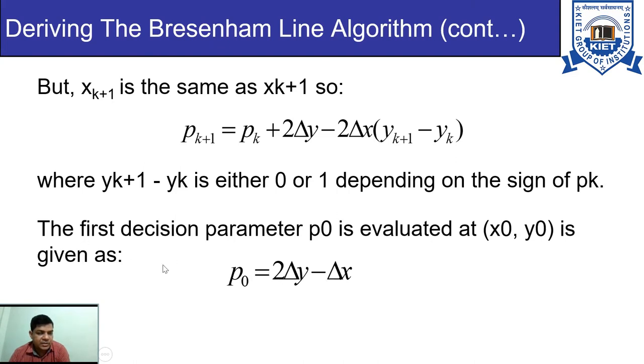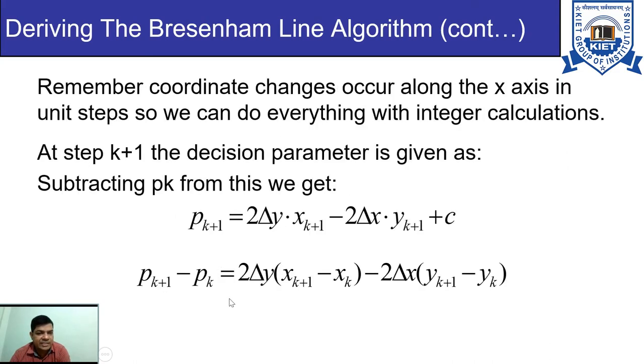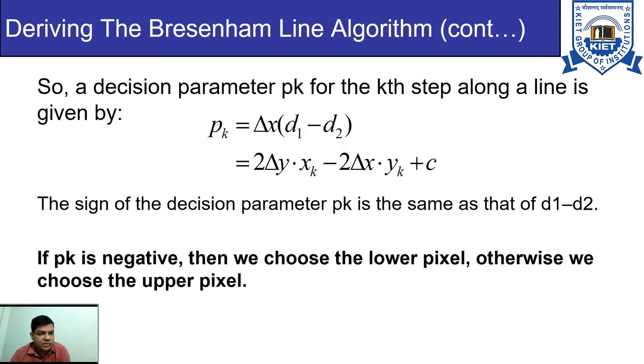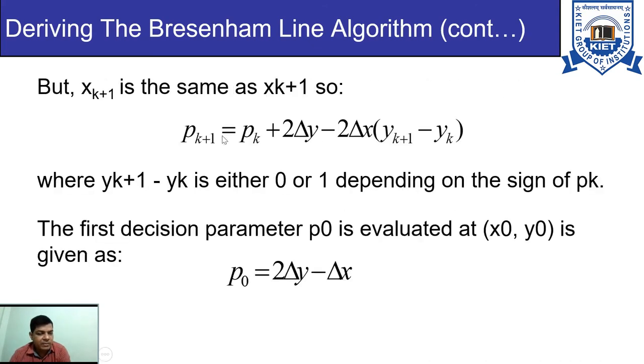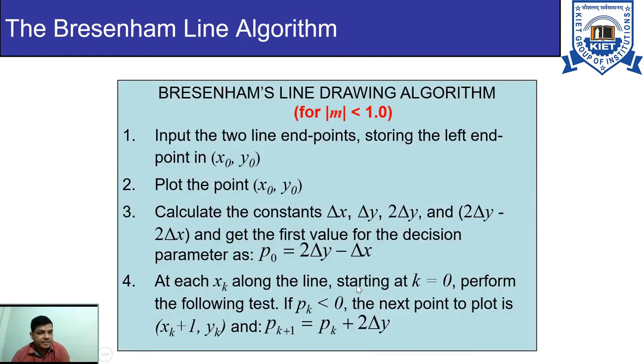Whenever we are using this algorithm, we have to start from the initial pixel parameter. For the initial pixel parameter, you have to keep the value of k as 0, and then you will get the initial pixel parameter, defined as p0 equals 2 delta y minus delta x.